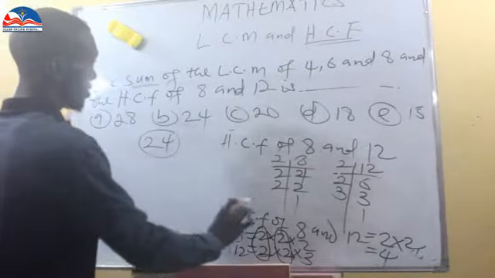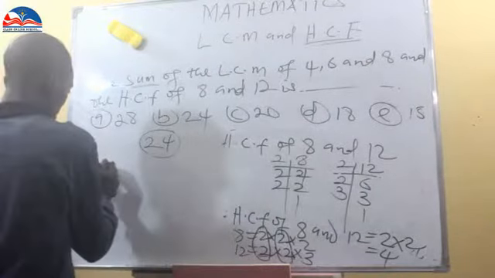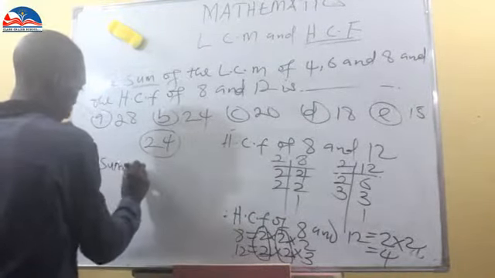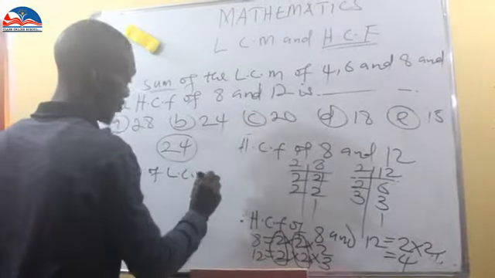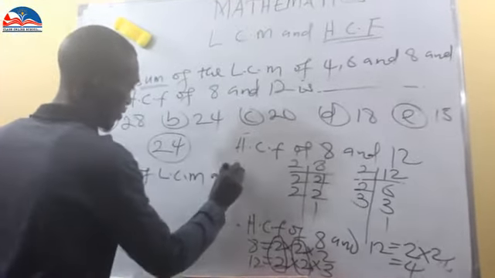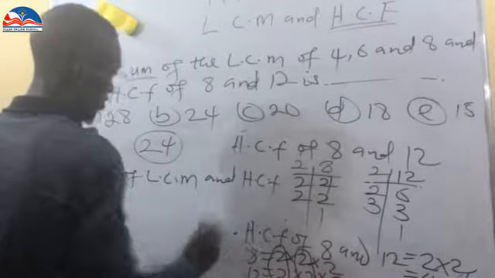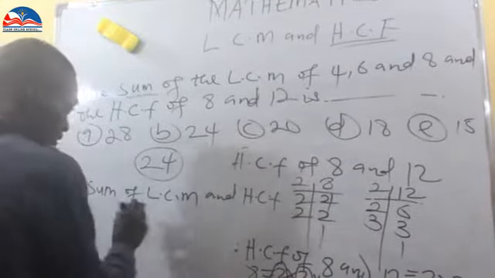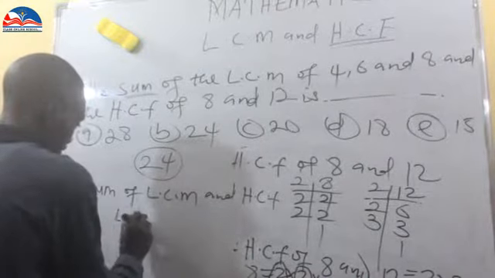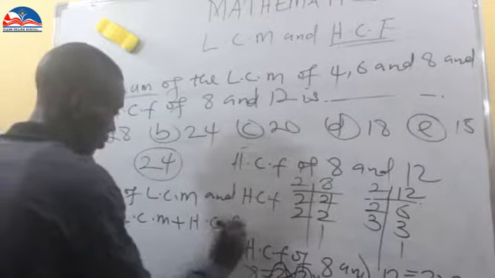Now the question said the sum of the LCM and HCF. Sum means plus. Which means that LCM plus HCF will give us the answer.